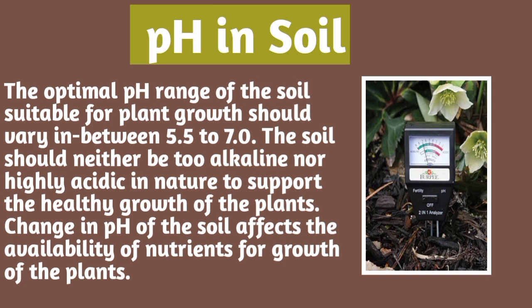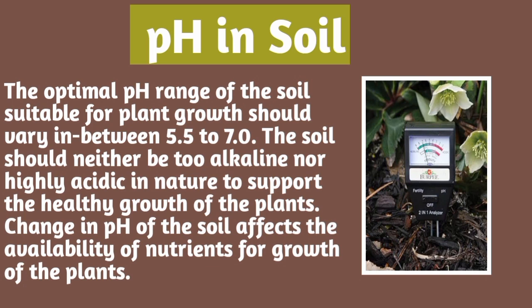The soil should neither be too alkaline nor highly acidic in nature to support the healthy growth of plants. Change in pH of the soil affects the availability of nutrients for the growth of the plants. So we maintain 5.5 to 7.0. It is the good range for maintaining pH in soil.